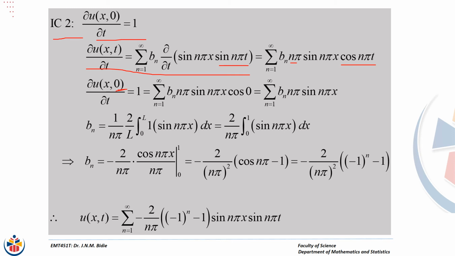And note that that whole derivative must be equal to 1. So wherever there is t, we substitute 0. Hence, we have the cos 0. And then we'll be left with 1 equal to that summation of bn n pi sine n pi x.